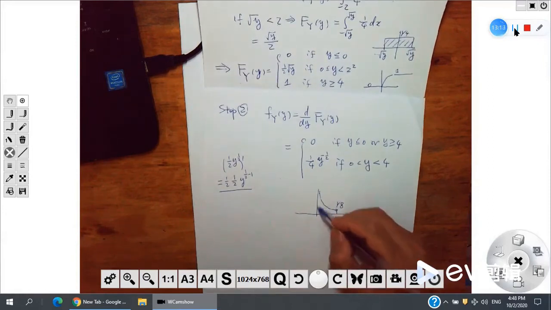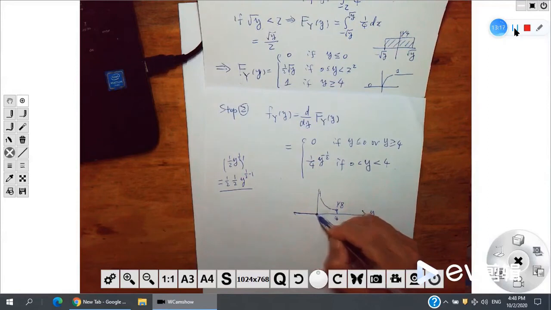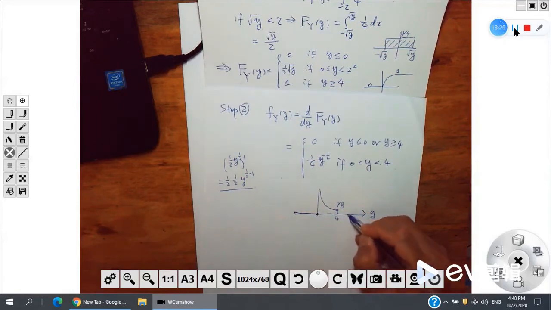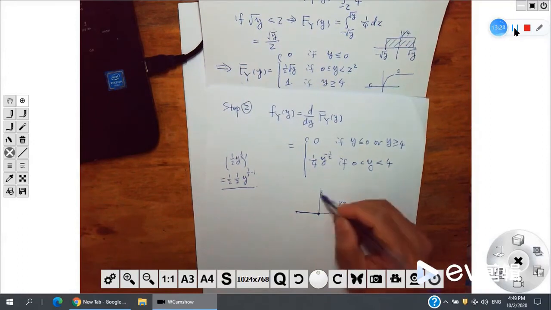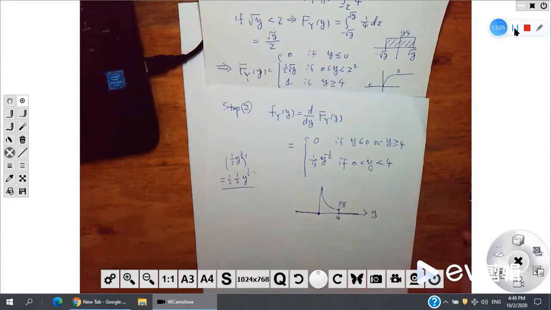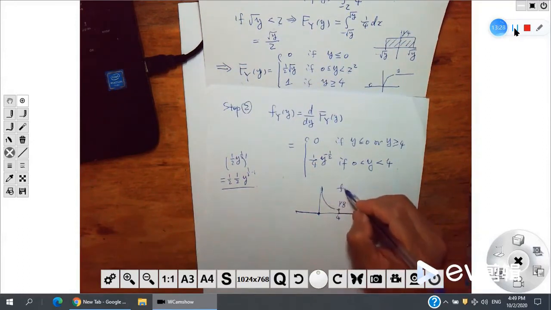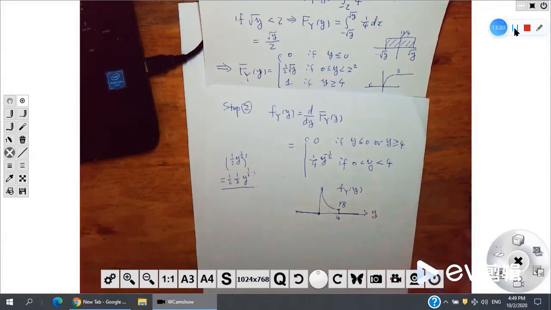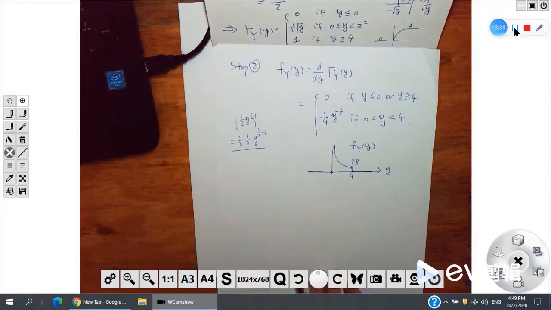And when y is 0, here it goes to infinity. This side is also density, this is 0, this is 0. This is f_Y(y). Looks like this.